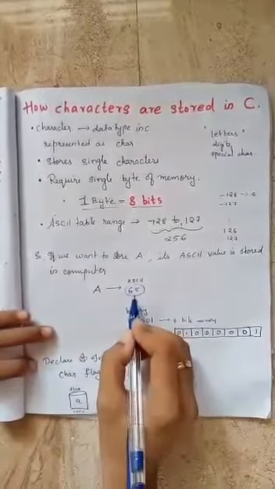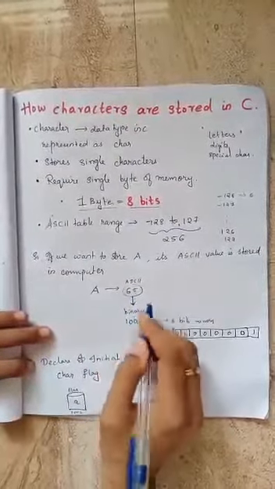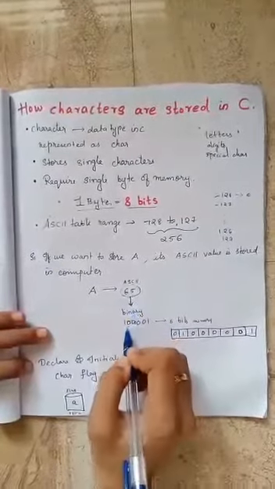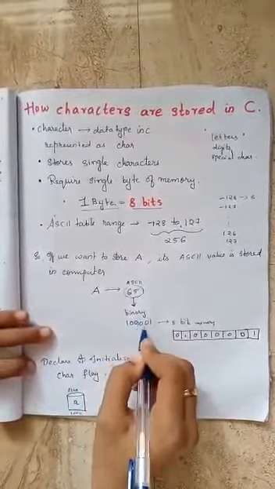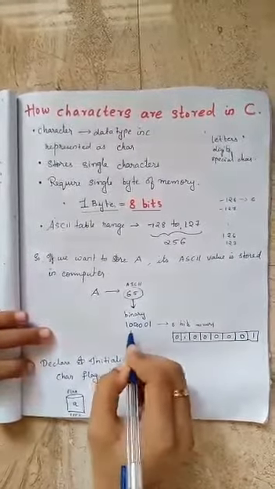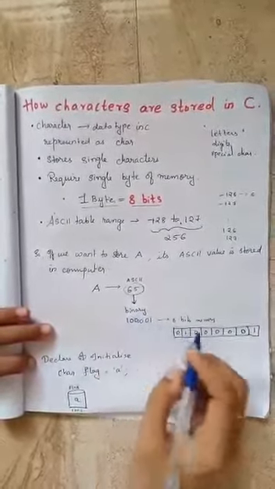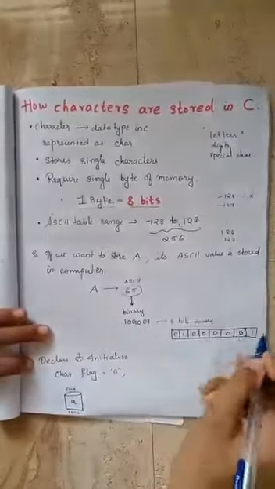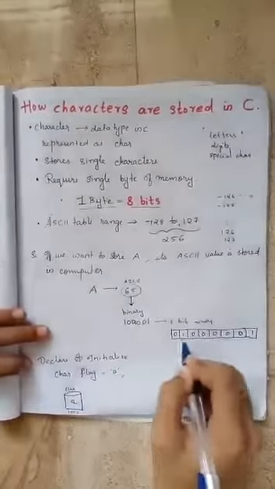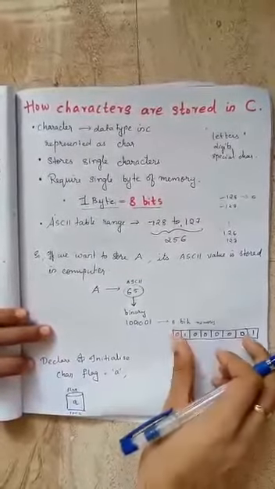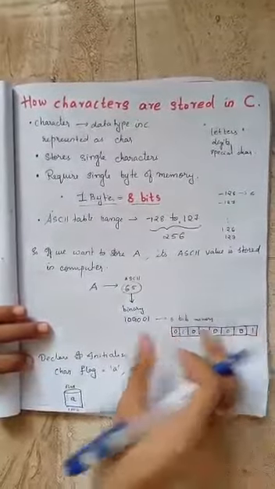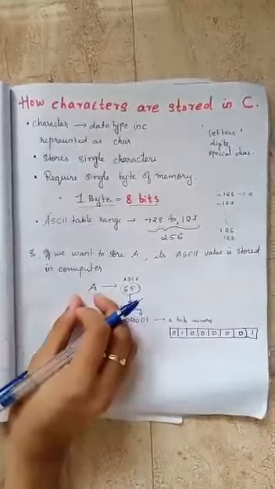It will be converted to binary. What is the binary value for 65? It's 10000001. This binary value is stored in this 8-bit memory. There are 8 bits here, so this memory is for capital A.